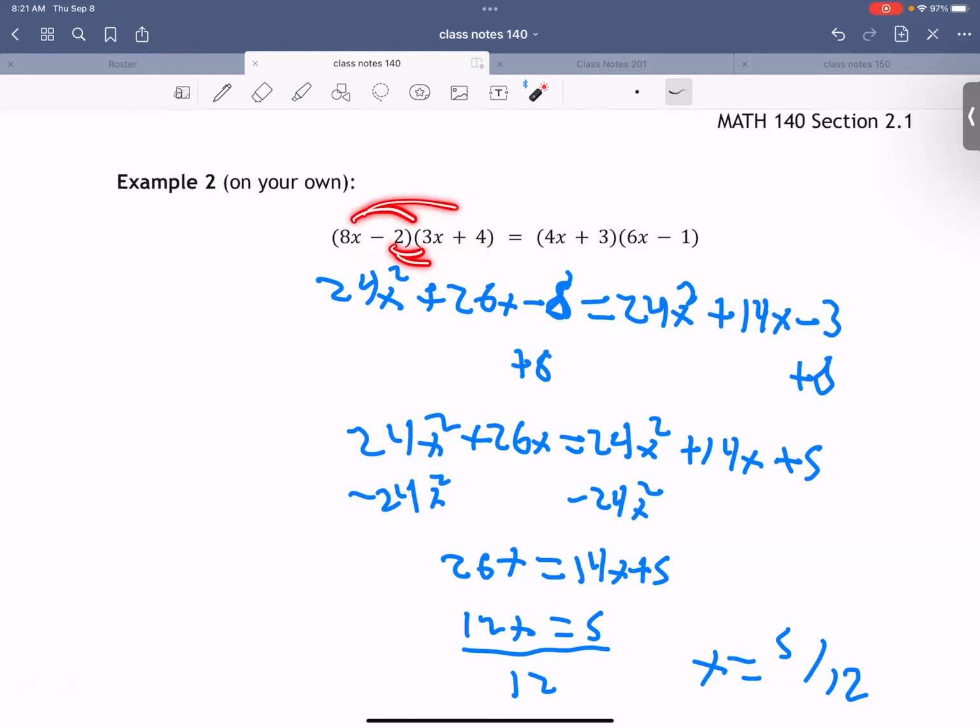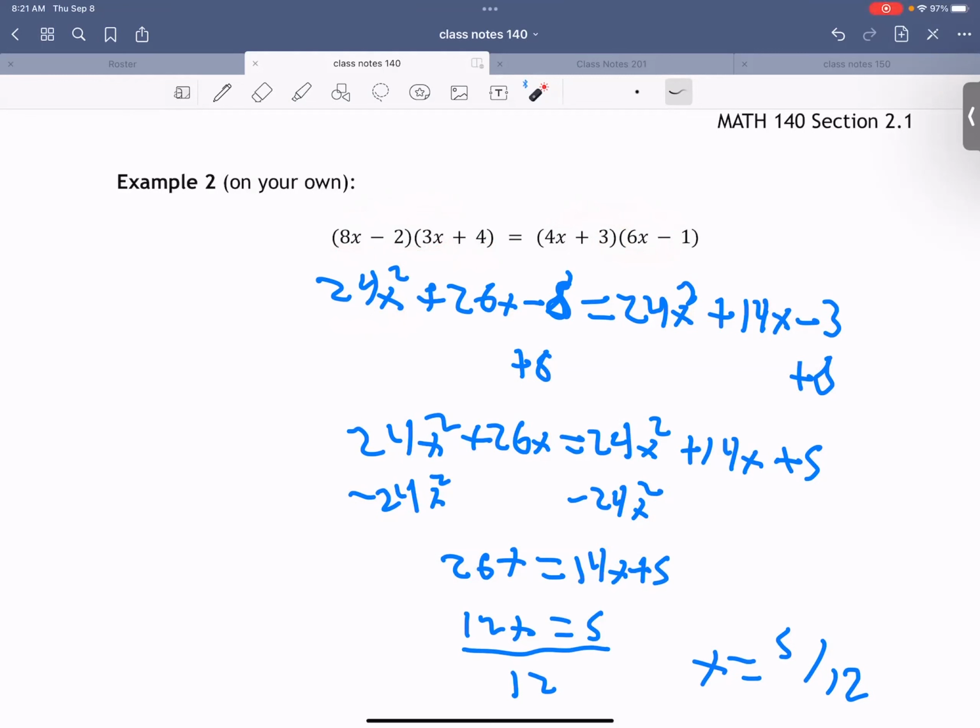So the first thing you might want to do is multiply across on the left-hand side and FOIL or expand out the right-hand side. One thing I saw a lot while walking around is when everyone did 8x times 3x, some of you wrote 24x and not x squared. So when you're multiplying out these terms, make sure that you multiply the x's as well as the numbers.